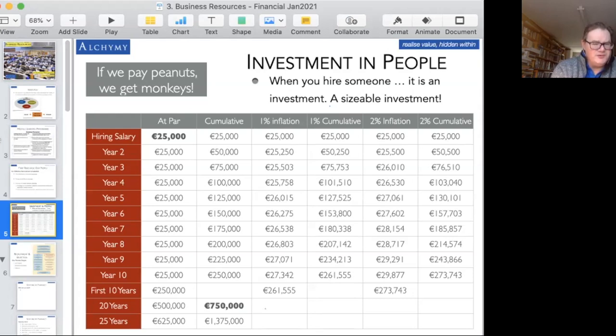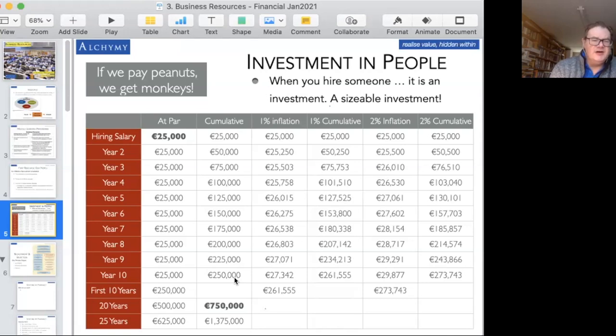And that's just one person. If we hire 10 people at 25,000 euro, over 10 years we're going to pay out 2.5 million to those 10 people, if they're all on the same wage and there's no inflation whatsoever. If they stay 25 years, we're going to be talking about nearly 14 million, for 10.